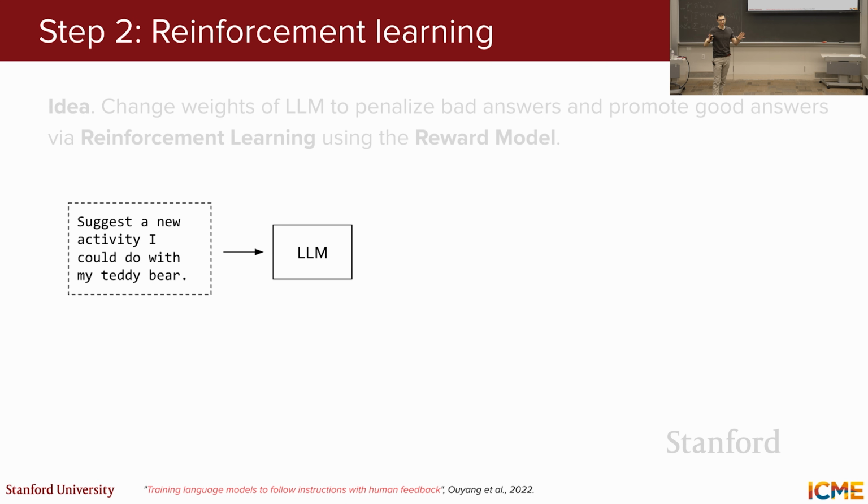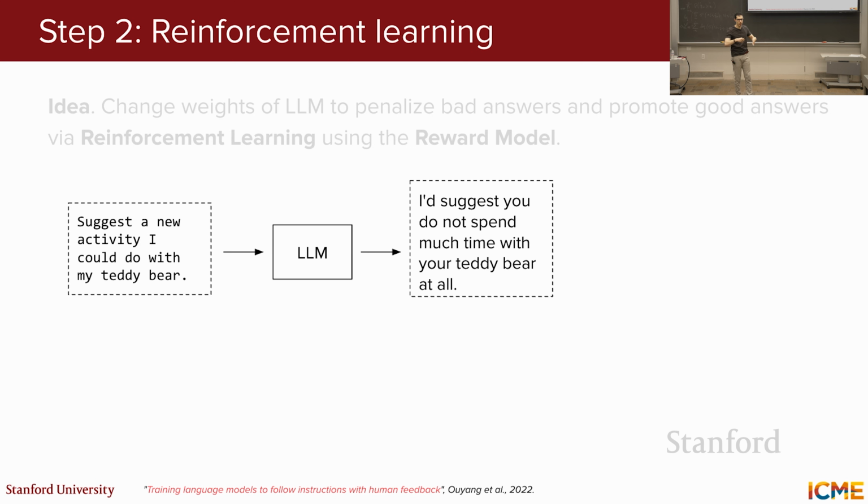So here is a general recipe of how you would align your model. First, you take your prompt as input. Your LLM will generate a completion, a full response from the model. People also use the term rollout. So it generates a completion, a rollout, a full response, and that full response, along with the prompt, goes into the reward model.